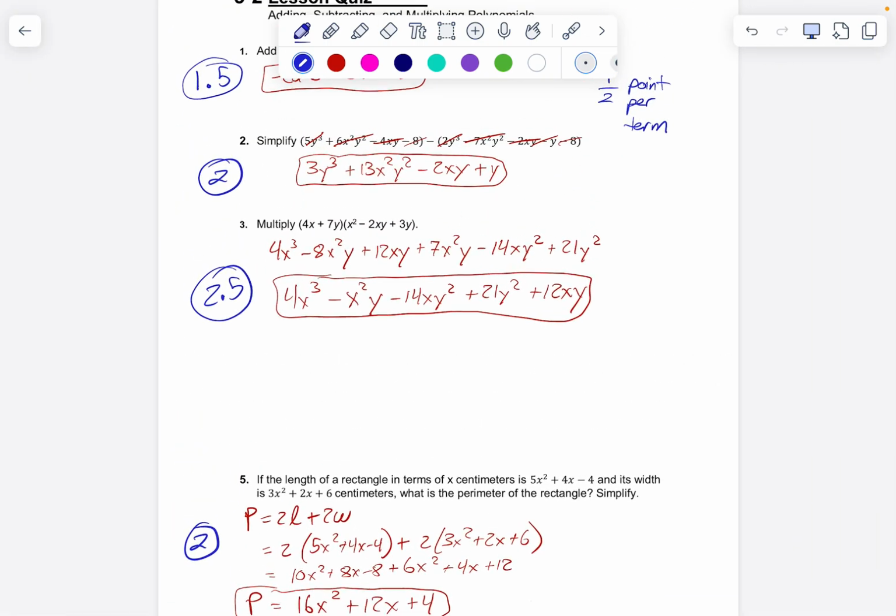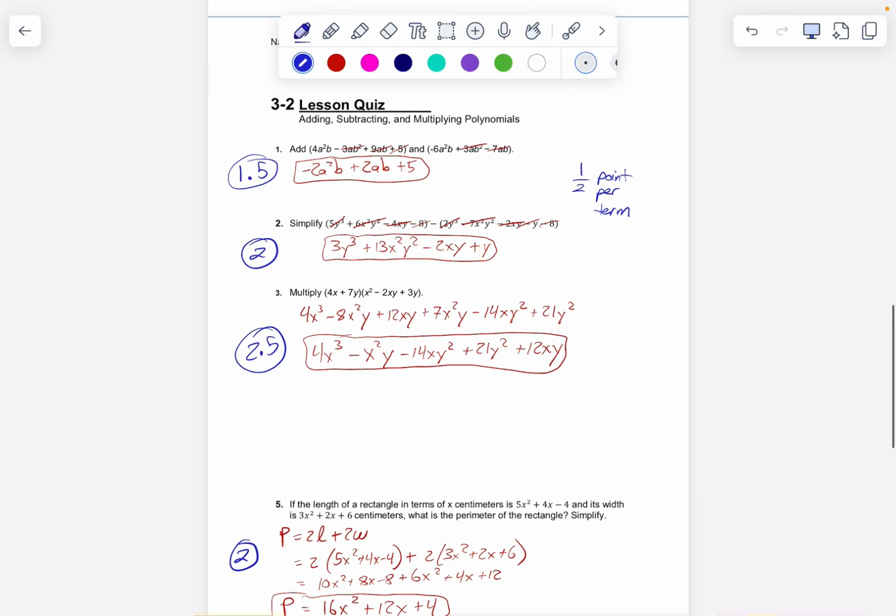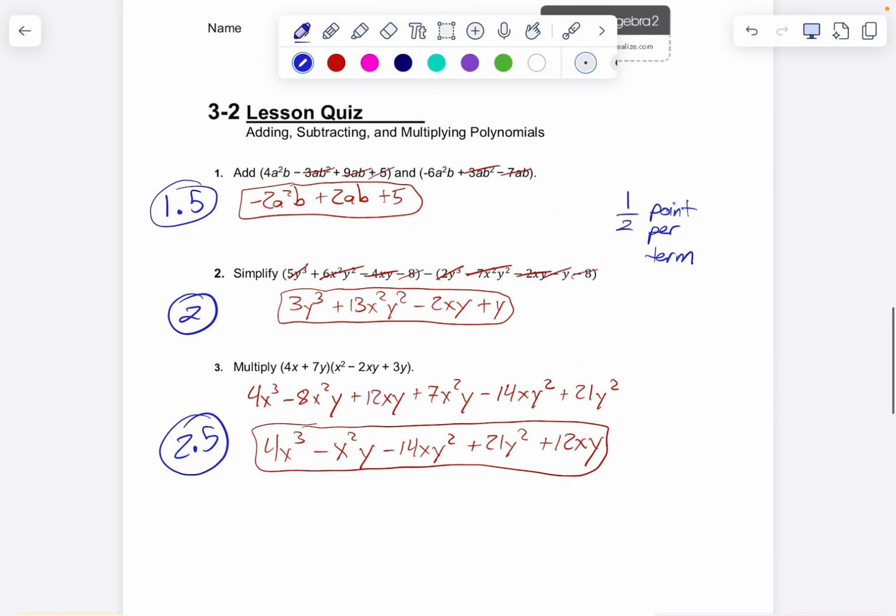So if they added an extra term at the end, take off half. If they added an extra term, take off a half. Any questions on those for grading?